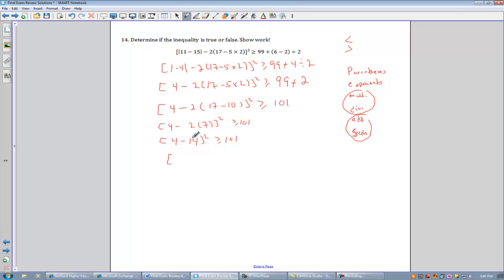And then 4 minus 14 is a negative 10 squared, bigger than or equal to 101. And negative 10 squared, well, negative 10 times negative 10 is a positive 100, bigger than or equal to 101. And so now this statement is false because 100 is not bigger than or equal to 101. 100 is actually less than 101.